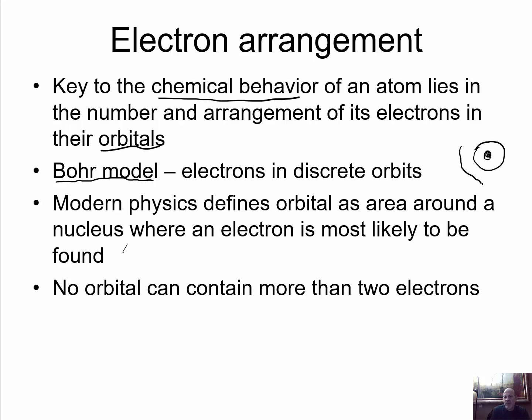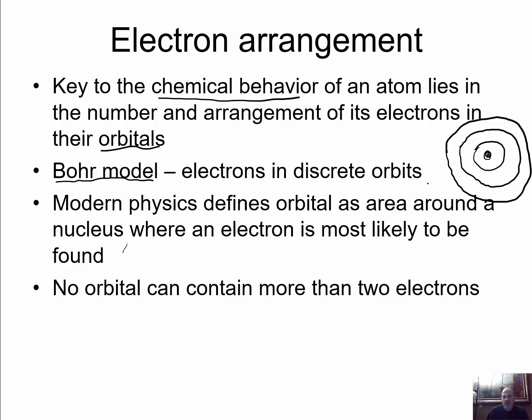But the problem was that a good model should fit predictions. And what happened was when they used this model, they could not predict the wavelengths of light, the colors of light that would come off of atoms bigger than the simplest one, hydrogen. So right at helium and then any other bigger element that had atoms with a bigger nucleus and more electrons, it didn't predict it very well.